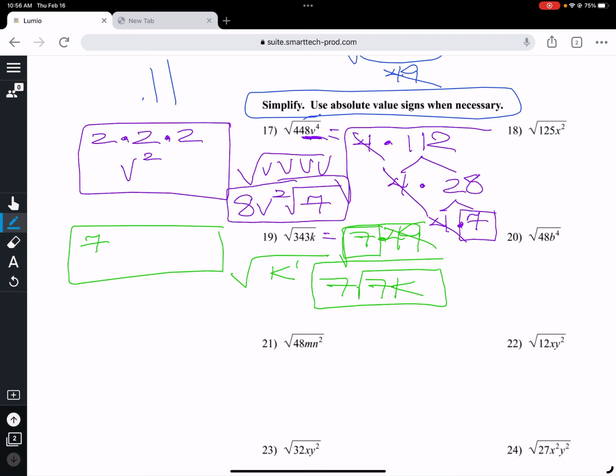So, 48. What are we going to break 48 down into? 6 and 8. 6 is what? 3 and 2. 8 is what? 2 and 4. What does the 4 become?